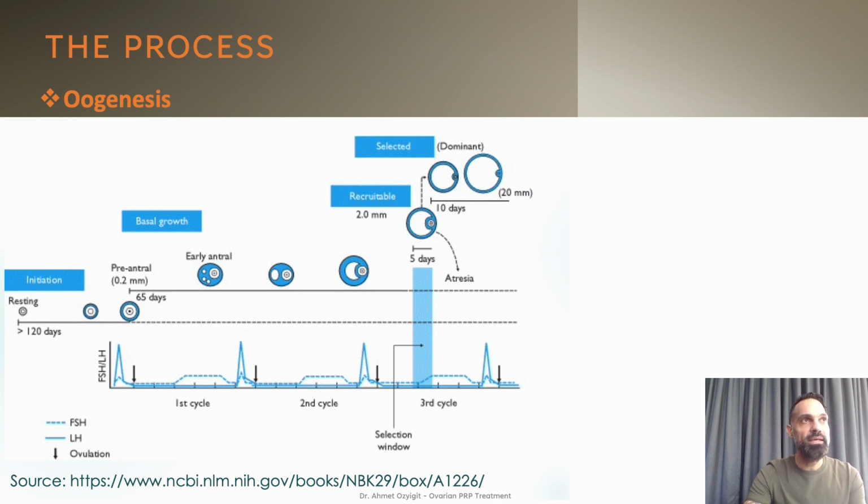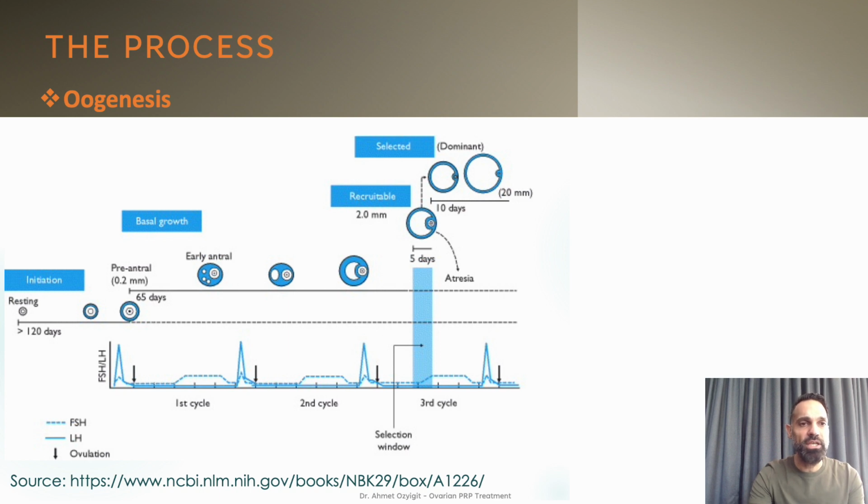Now this is something that we may be able to see, but it's quite more difficult to recruit stem cells into ovulation, into oogenesis, compared to the primordial follicle. So our aim with the PRP is predominantly with the primordial follicles.